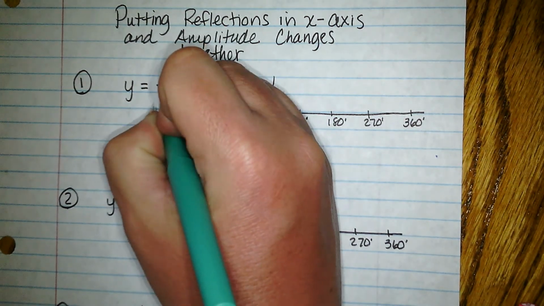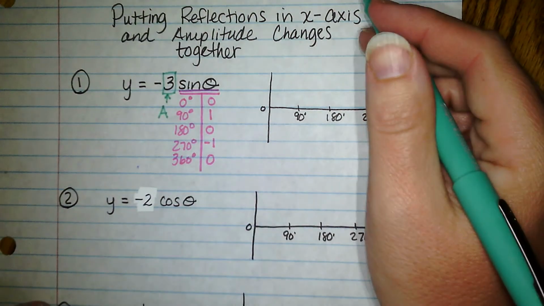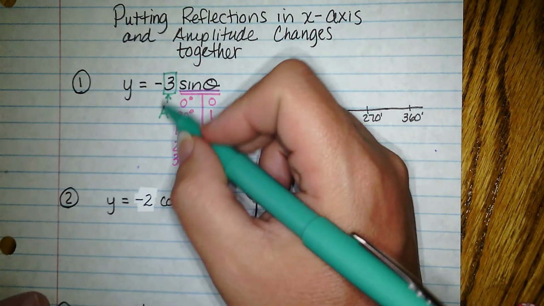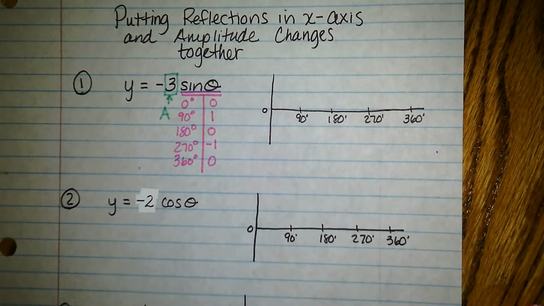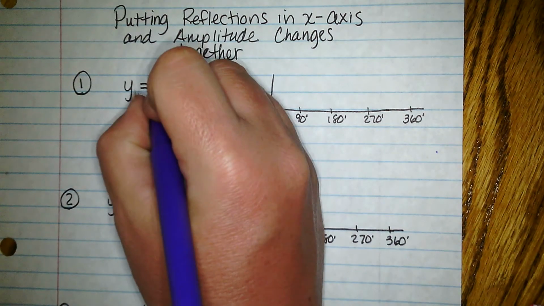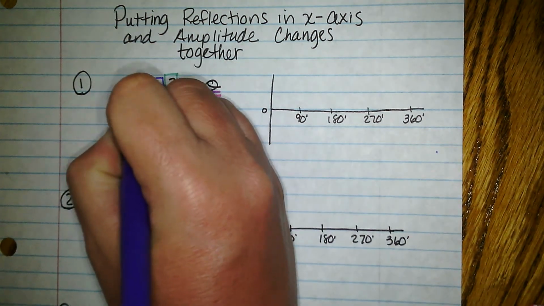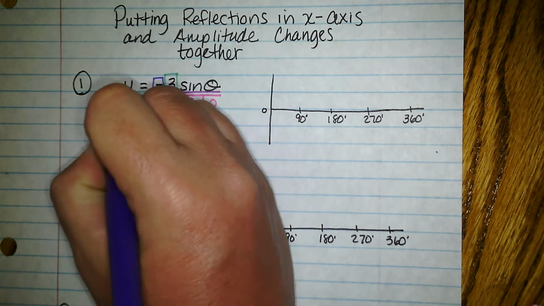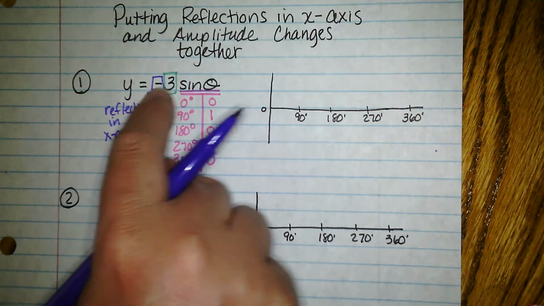That's the amplitude, which means it's going to stretch 3 times as high. And it also has a negative, and the negative tells me that I have a reflection in the x-axis.